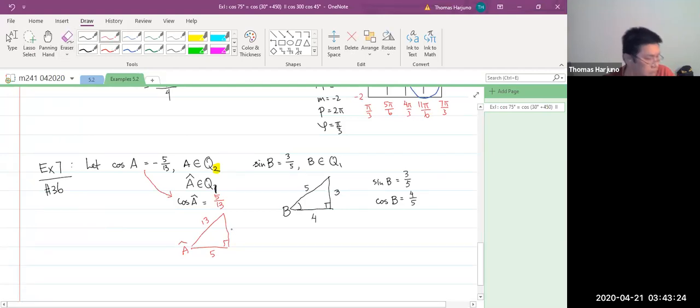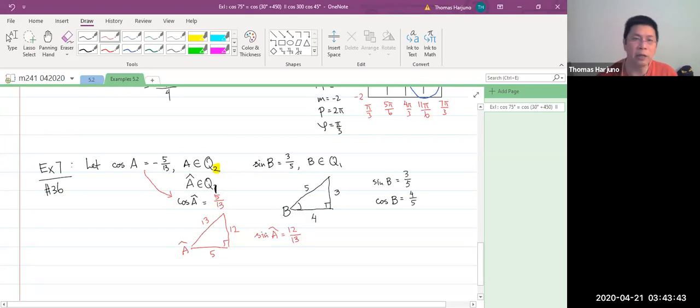Nobody remembers? Okay, that's 12. The Pythagorean triplets. Now from there you see sine A hat will be 12 over 13.